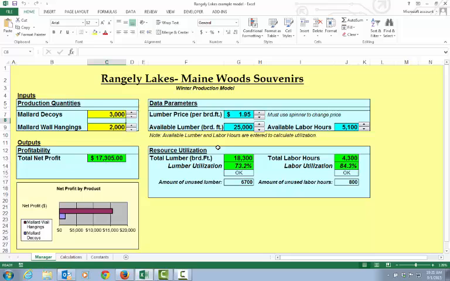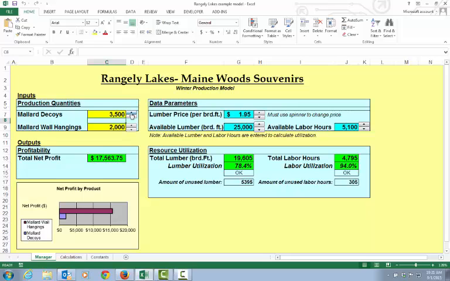And over on the right here, you've got the resource utilization, because one of the things you'd want to keep a careful eye on is that as you are increasing, for example, the number of products you're choosing to manufacture, you want to keep a careful eye on labor utilization and lumber utilization.